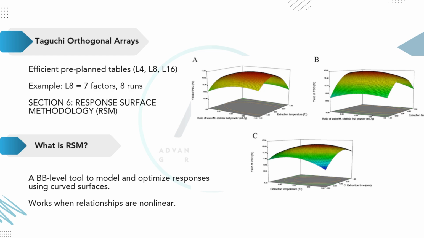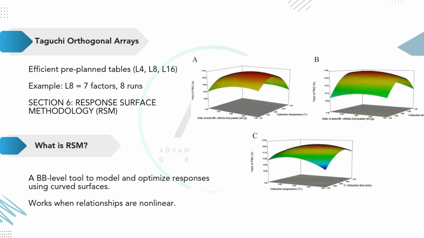For example, an L8 array allows us to analyze 7 different factors using only 8 runs, which makes it extremely efficient and cost-effective in experimental design. Moving to the second part of the slide, what is RSM? RSM, or Response Surface Methodology, is a statistical tool used to model and optimize responses when we expect nonlinear relationships between variables.